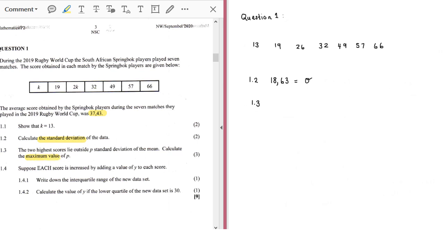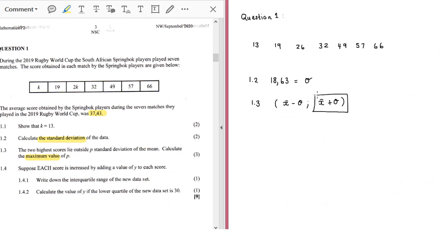So if we had to write this out, we would usually have this in coordinate form, and we would say, let's say 1 standard deviation below the mean, so you would have the mean minus a standard deviation, and then 1 standard deviation above the mean, so the mean plus a standard deviation. That's what we usually write, but right now we're looking at just the maximum, so we just want to concentrate on this part of our coordinates.